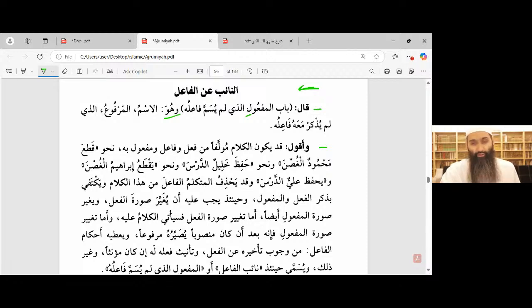He said kalam, speech, can be comprised of a fi'l, a fa'il, مفعول به. نحو، for example، قطع محمود الغصن. قطع فعل، محمود فاعل، الغصن مفعول به. ونحو حفظ خليل الدرس. حفظ فعل، خليل فاعل، الدرس مفعول به. ونحو يقطع إبراهيم الغصن. فعل، فاعل، مفعول به. ويحفظ علي الدرس. فعل، فاعل، مفعول به.